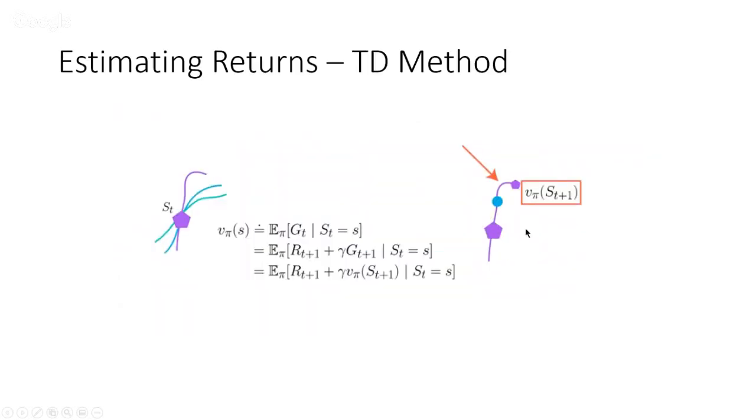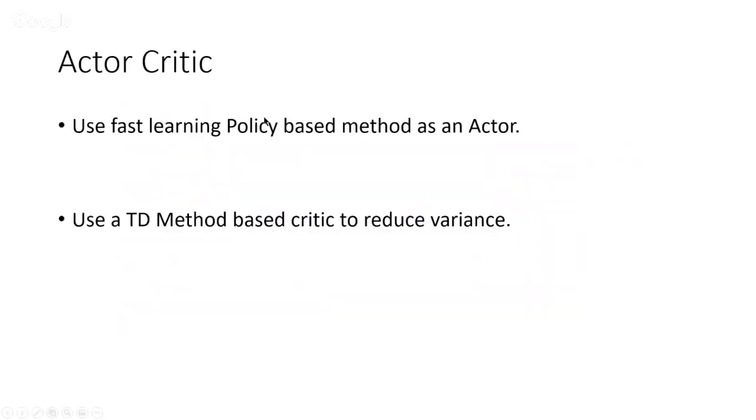Now there will be bias because we are guessing a lot of things, but there are some other ways of compensating for the bias, which we will discuss later on. So actor critic uses a fast learning policy based method as an actor. For example, REINFORCE. REINFORCE is just one example of a policy based method.